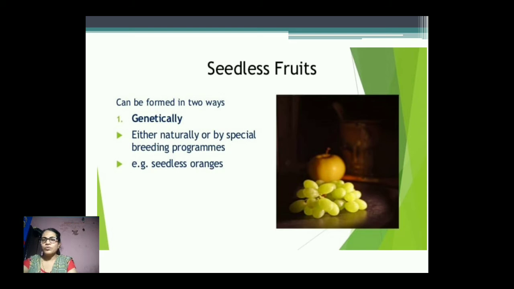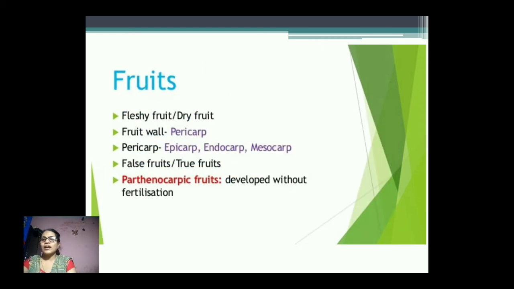Some kinds of fruits do not contain any seeds and can be formed in two ways, genetically, either naturally or by a special breeding program. The seedless fruits are produced. Example, seedless orange.